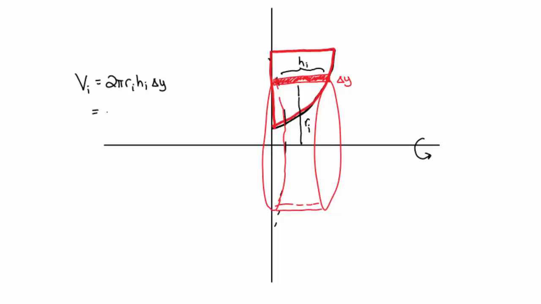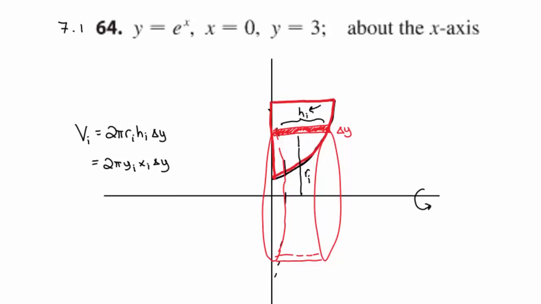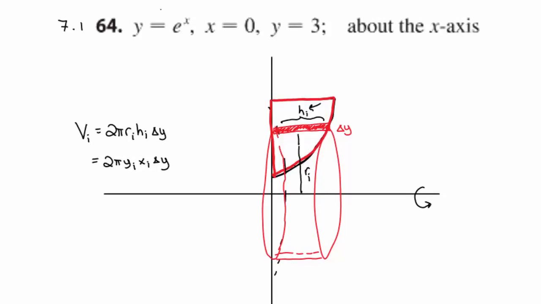So this volume is going to be 2 pi. I can see that the radial distance is just the current y value. The height, this distance here, is the current x value. And then we have delta y. Now I need this to be all in terms of y's, and so here's my relationship between y and x: the natural log of y is equal to x.